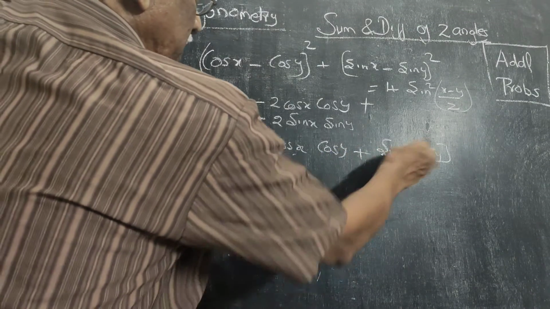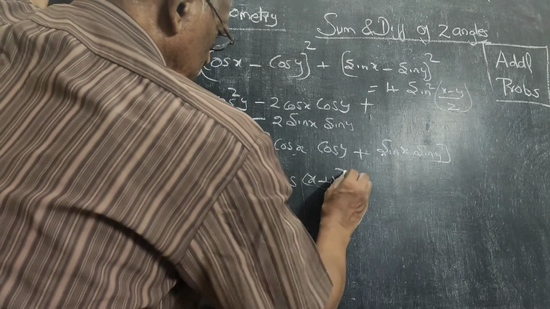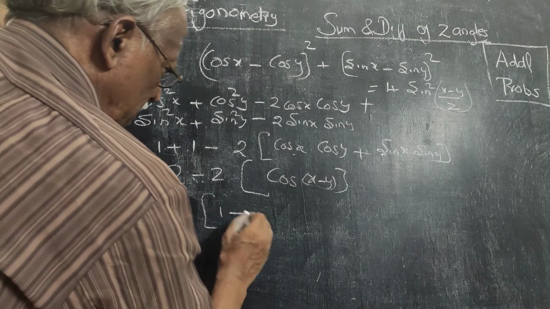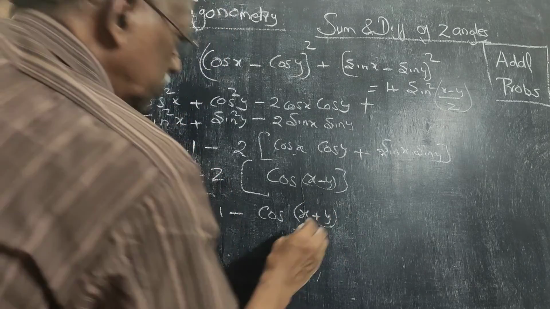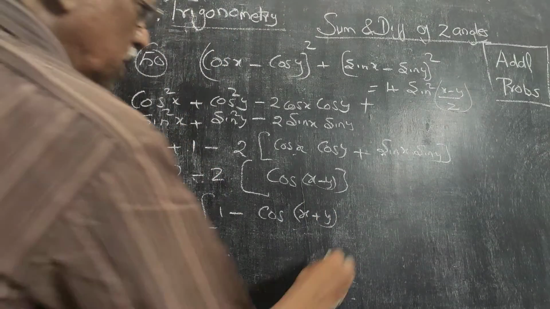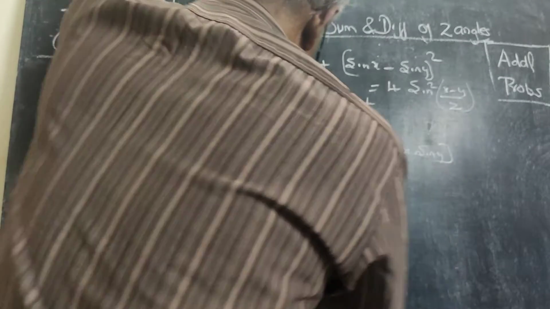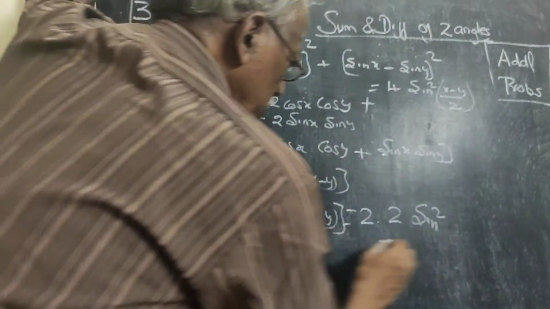Cos A cos B plus sin A sin B is cos(x minus y). Taking 2 common, this is 1 minus cos(x minus y). That is 1 minus cos theta, which we know as 2 sin square theta by 2.